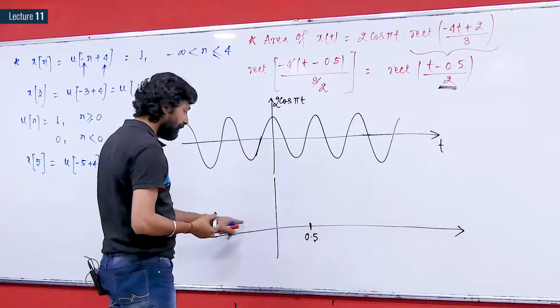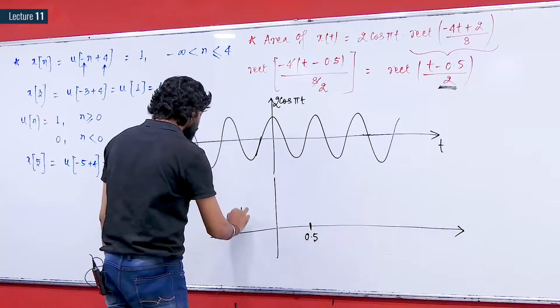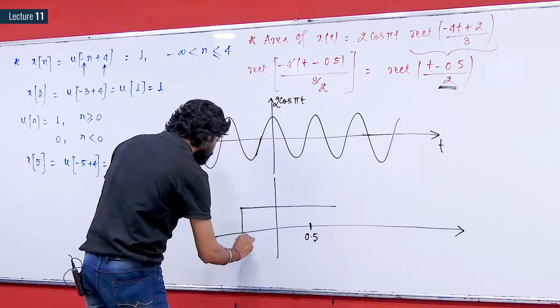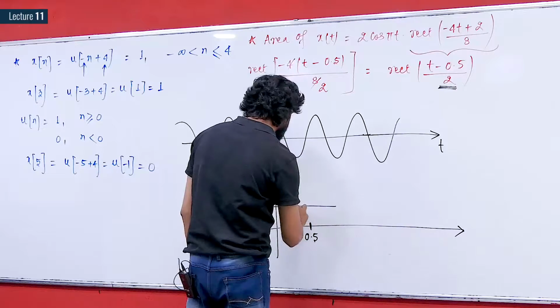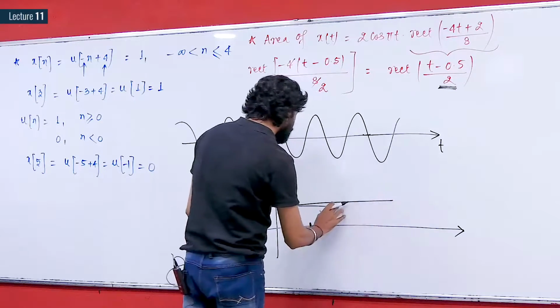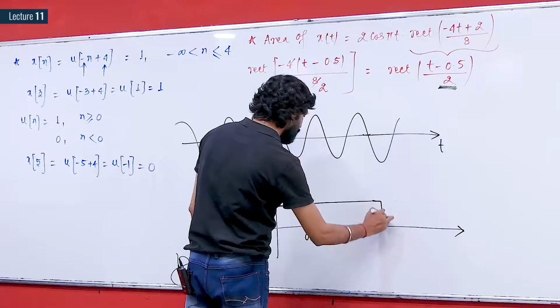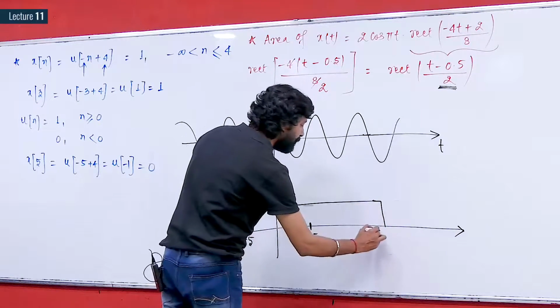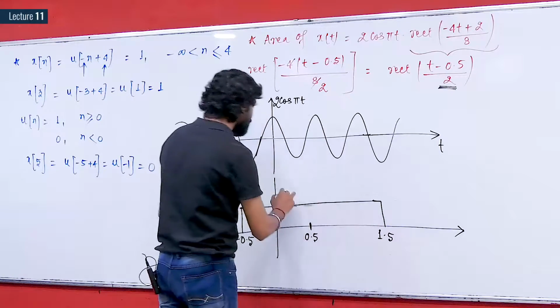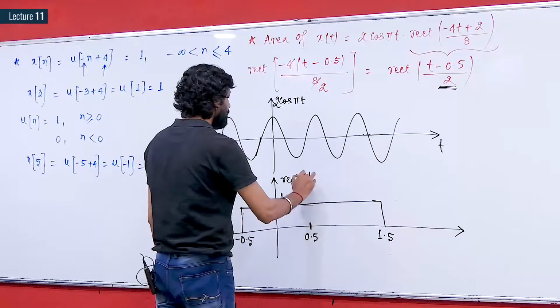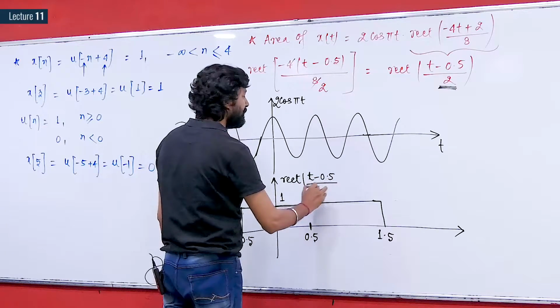So if we move left by 1 unit, you will be at minus 0.5, and the function will exist 1 unit on the right-hand side also from 0.5. So this point will be 1.5, and the value of this rectangle is going to be 1. It is your function rectangle of t minus 0.5 divided by 2.